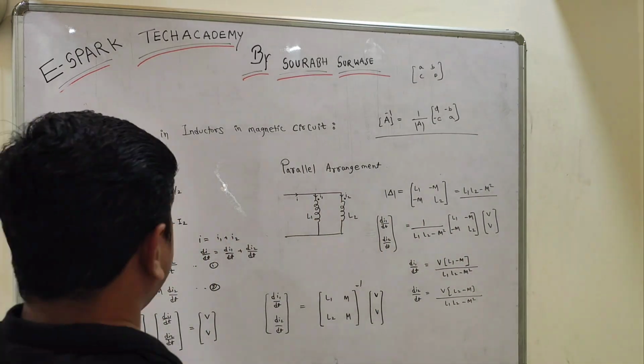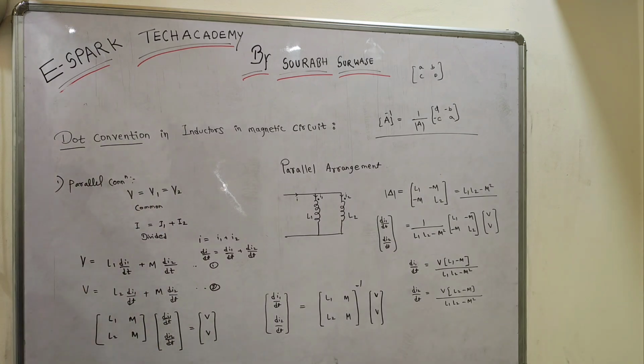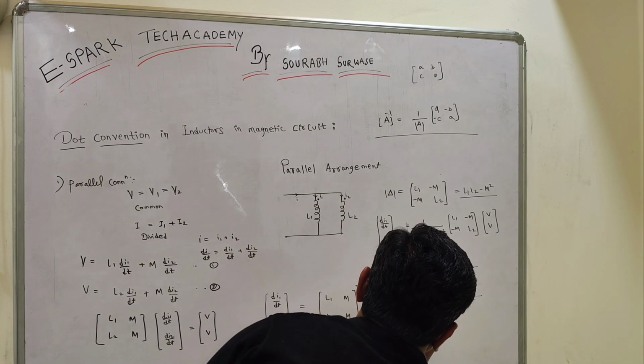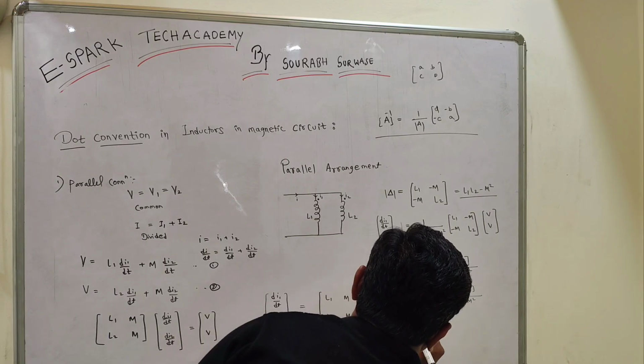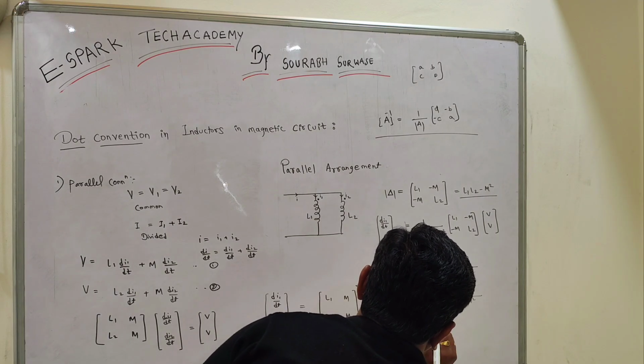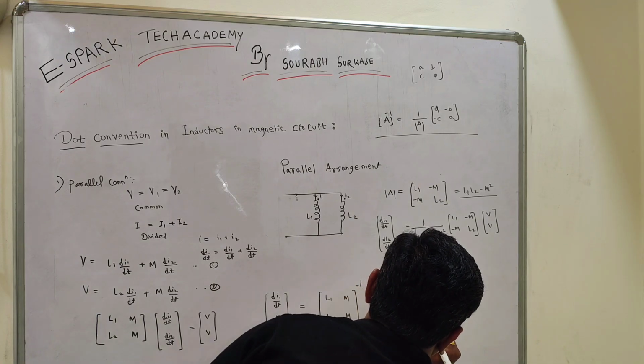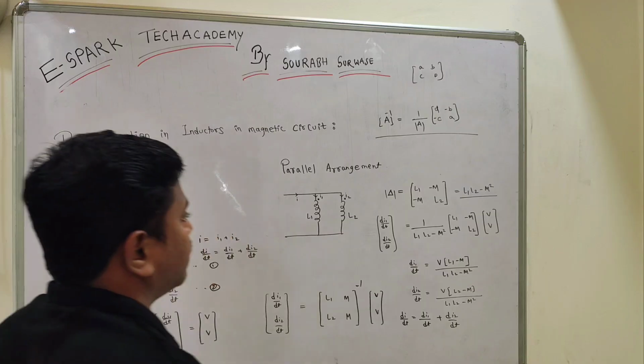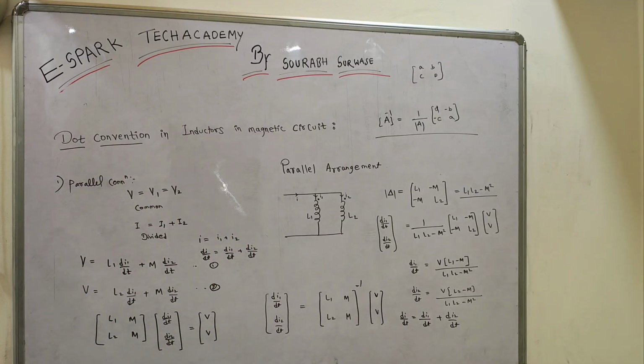Now by solving these two equations we get di by dt equal to di1 by dt plus di2 by dt. Please write it down because I have to now rub this portion.